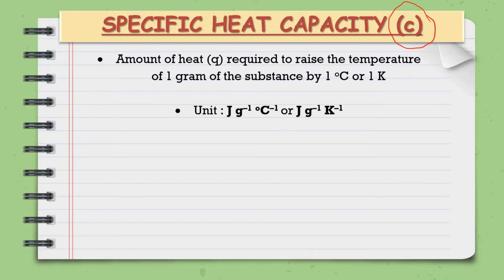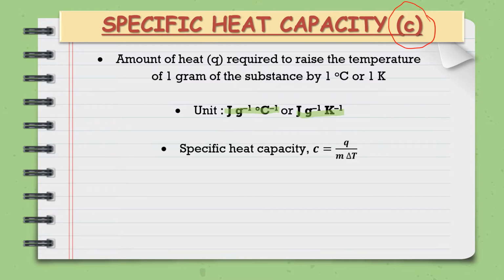Okay, next, the unit. So, the unit for specific heat capacity, since we have mass just now, will be joule per gram per degree Celsius or joule per gram per Kelvin. So, this depends on the unit of temperature that's given to you in the question.